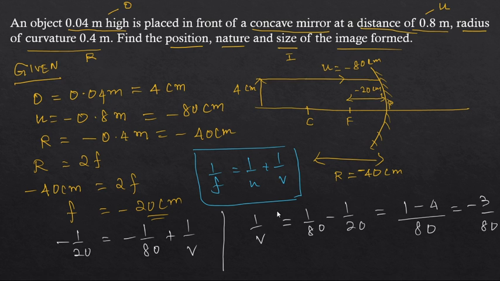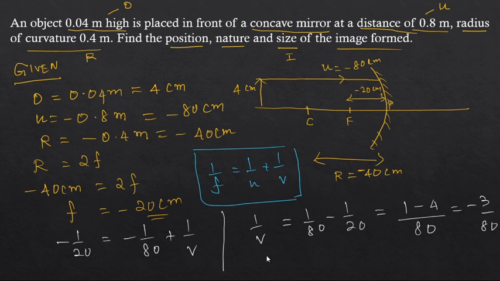Now we need to find out the nature also, and the image size, for which we have to apply the magnification formula. So we have got already v here. What is v?